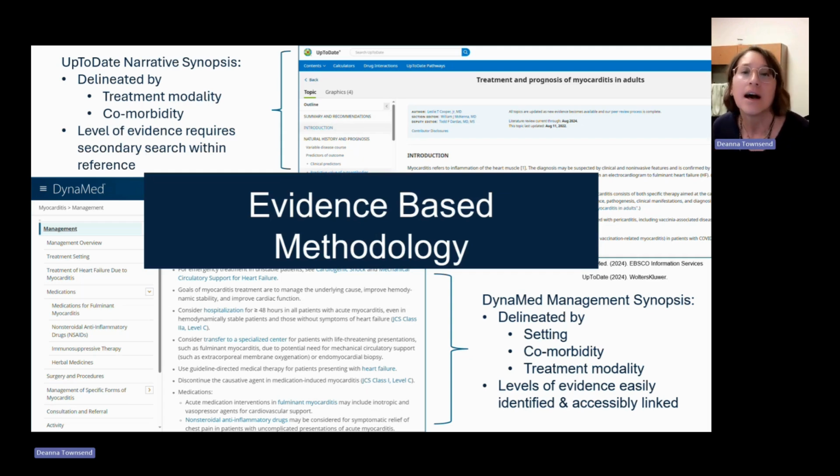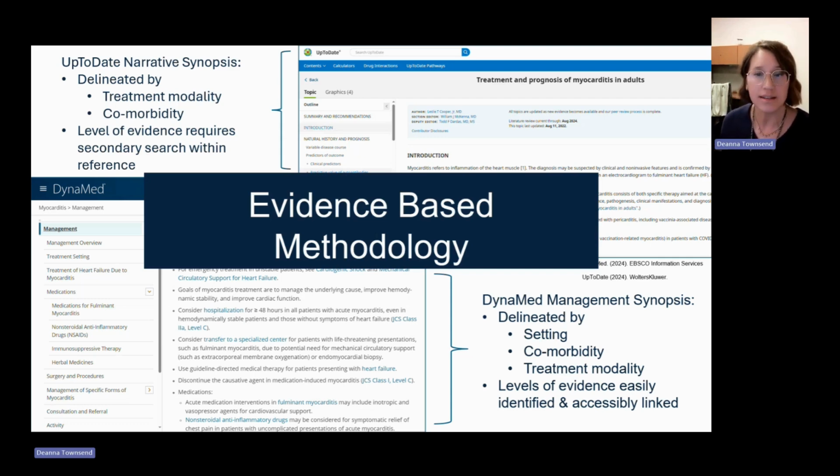Evidence in clinical decision-making tools should be easy to navigate with management profiles, summaries, and recommendations with levels of evidence that are apparent and easily recognizable, and links to primary studies.